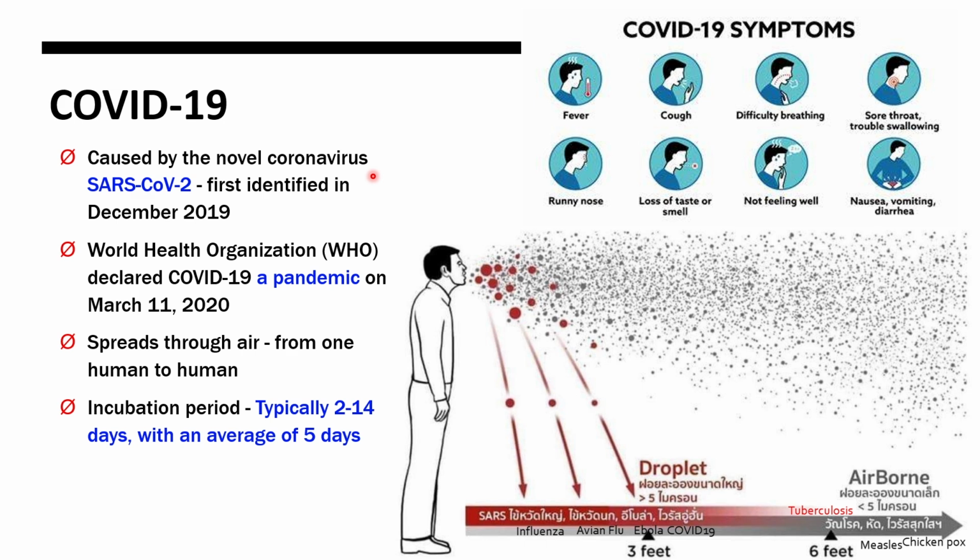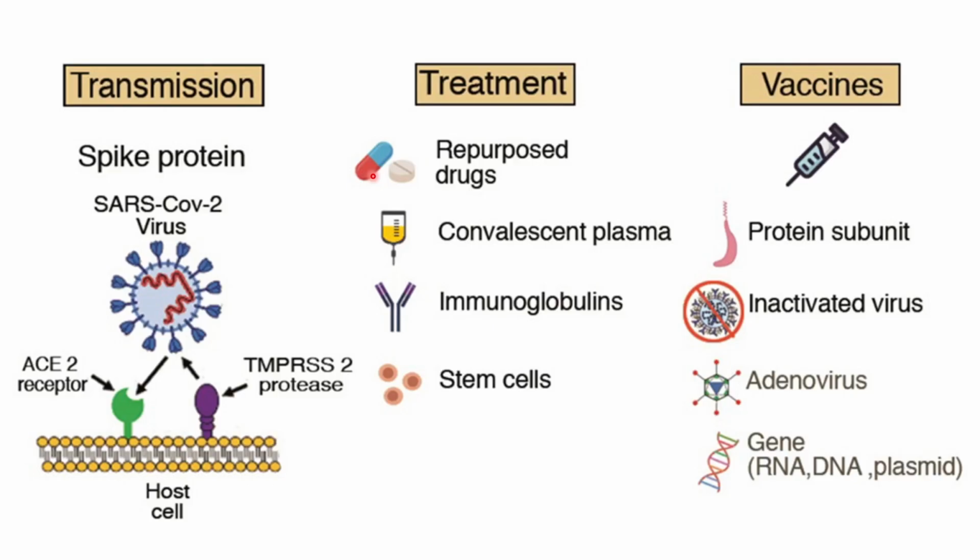In 2020, its seriousness was so high that it was declared a pandemic. It spreads through air, and the incubation period for this disease is typically 2 to 14 days with an average of 5 days. I'm not going to talk more about COVID-19 as most of you are very familiar with it.